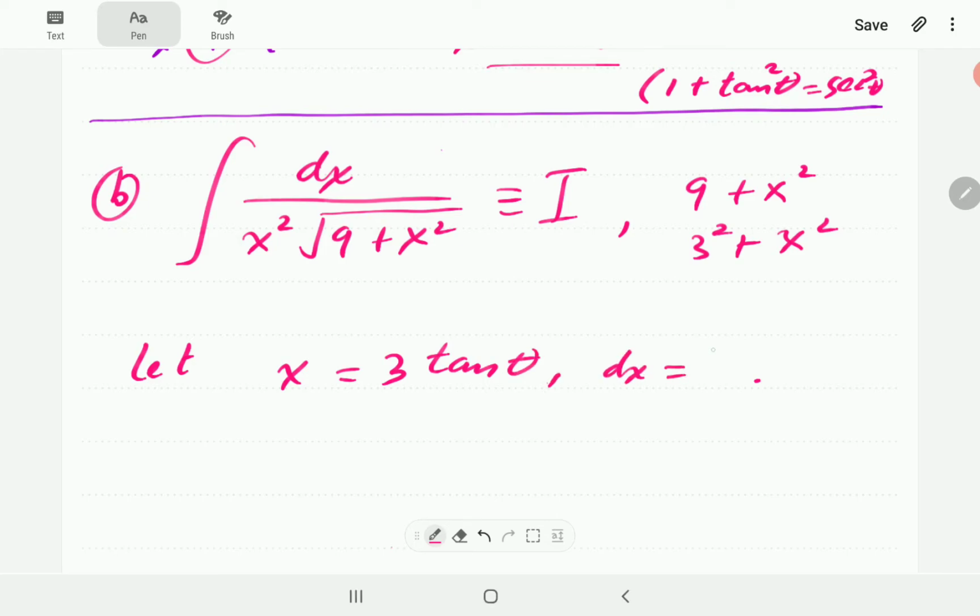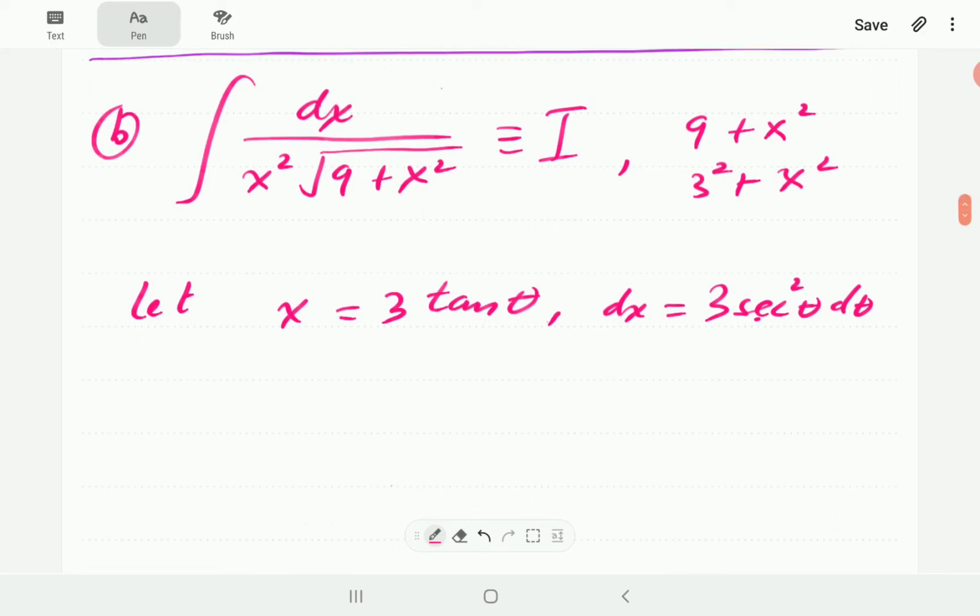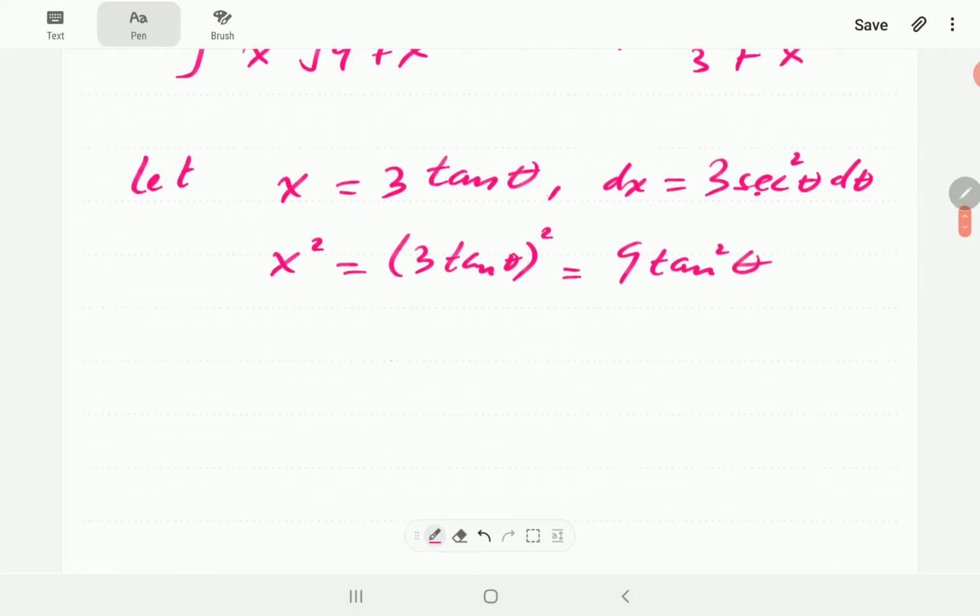Then dx is going to be 3 times the derivative of tangent, which is secant squared theta d theta. x squared is going to be 3 tangent theta all squared, so 9 tangent squared theta. Then our integral is going to look as follows.